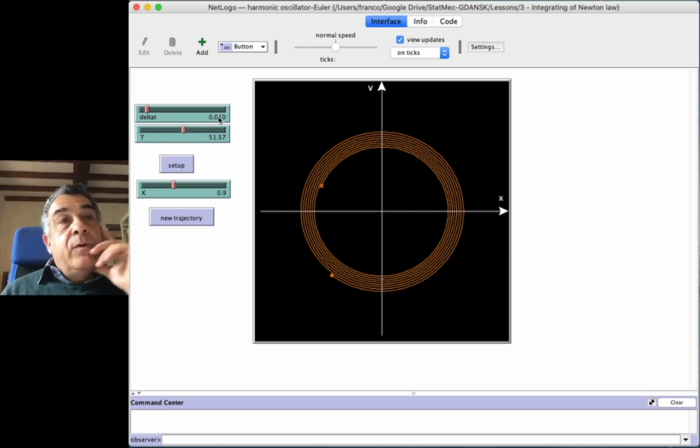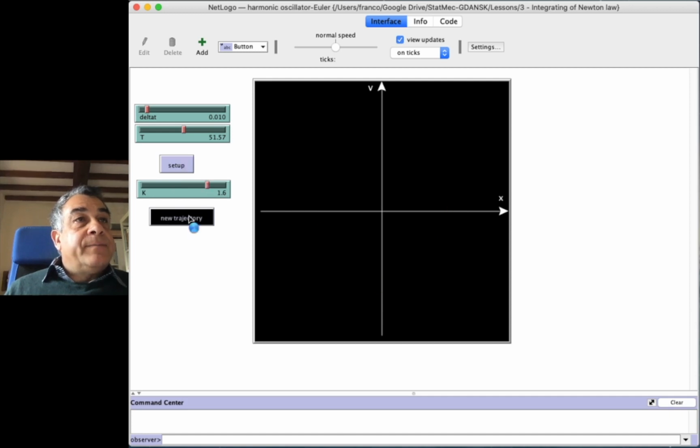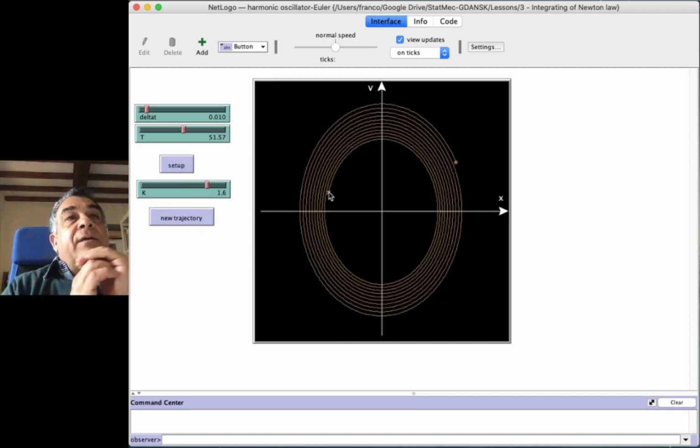So you can see that we have a certain ellipse governed by this k, which is essentially omega squared. The mass is 1. So if I change this, I have different ellipses.